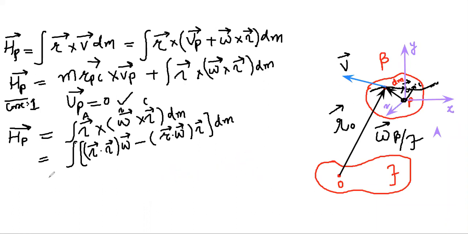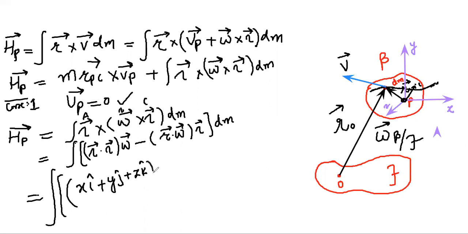The angular momentum will become the integral of R dot R. We know R has three components: xi plus yj plus zk cap, dot product with xi plus yj plus zk cap.